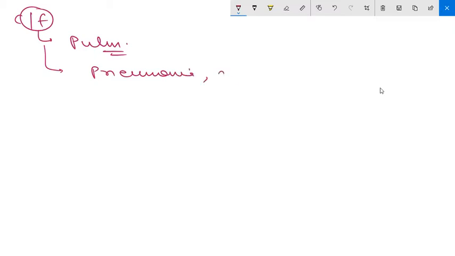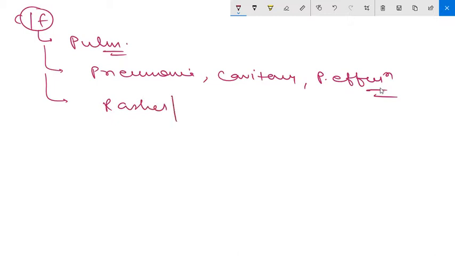Now coming to the clinical features. Most of the patients are asymptomatic, and in the remainder the pulmonary form is the most common. It affects the pulmonary system. It presents as pneumonia, cavitary formation, pleural effusion or nodule formation. Skin lesions such as rashes or erythema nodosum can also be seen.